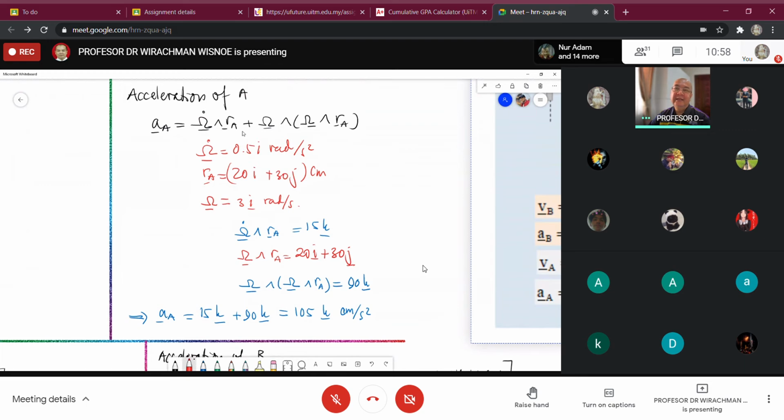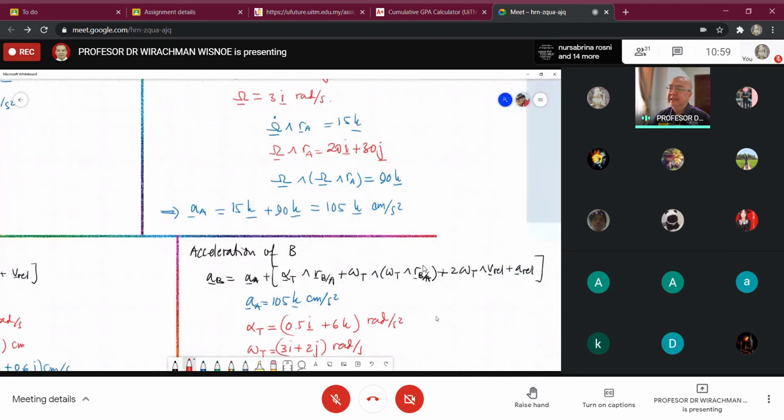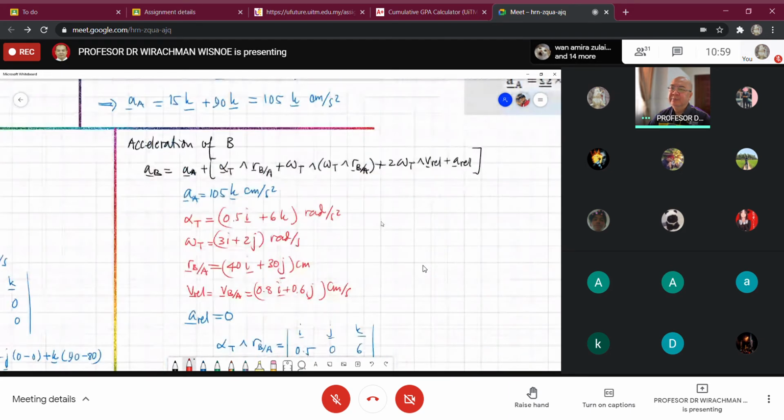And then I calculate separately this one, and then this one, and then this one. And then in the end, just addition. Okay, that is to avoid mistakes.